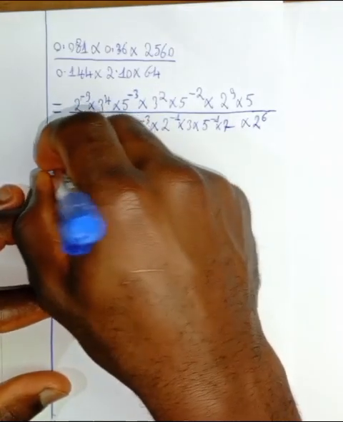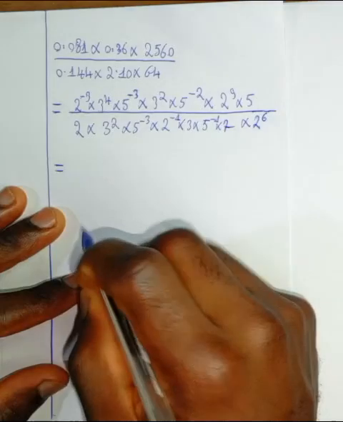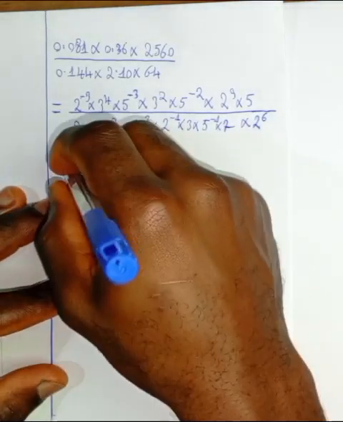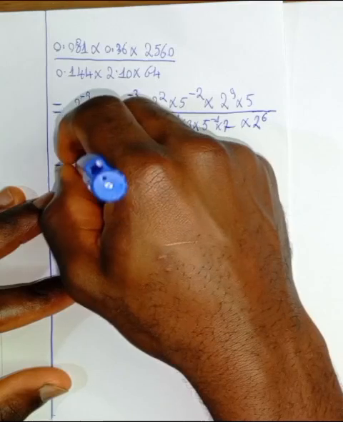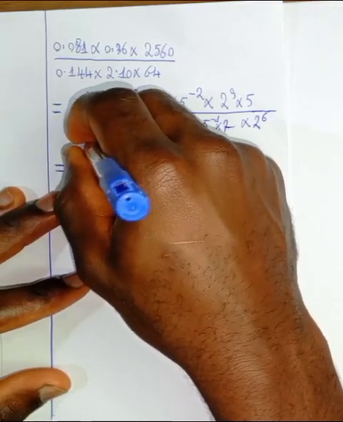This will simply be equal to, let's simplify the numerator, 2 raised to the power negative 3.